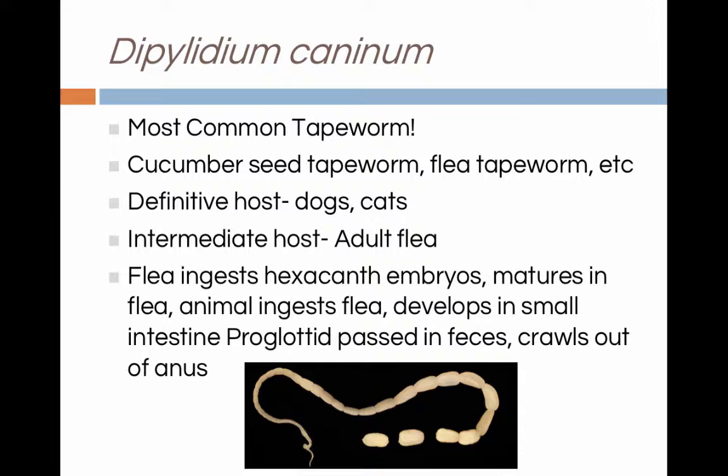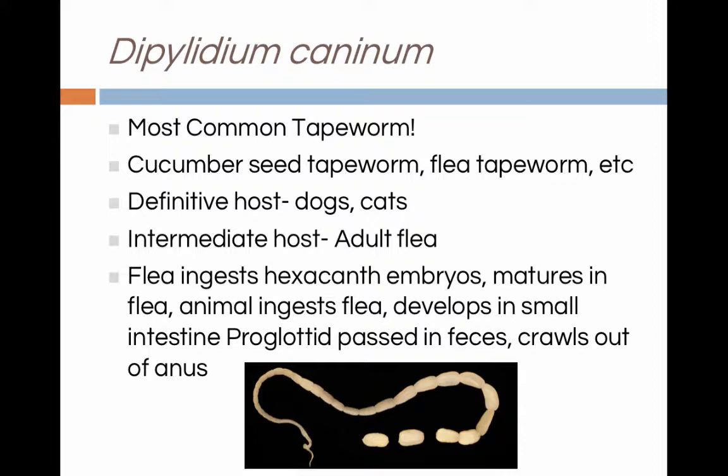So the animal defecates with these proglottid segments. The flea lands in the poop. These little segments will break down and bust open. The flea ingests that hexacanth embryo that then matures in the flea. Remember, this is an intermediate host, so the parasite must undergo a change while inside the intermediate host.